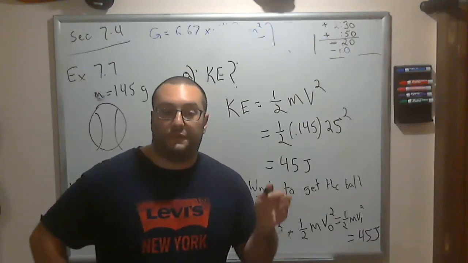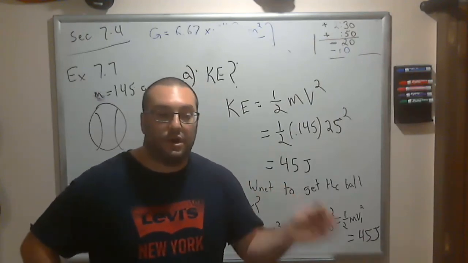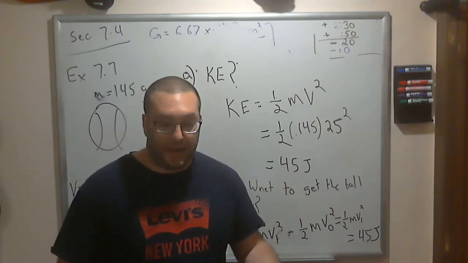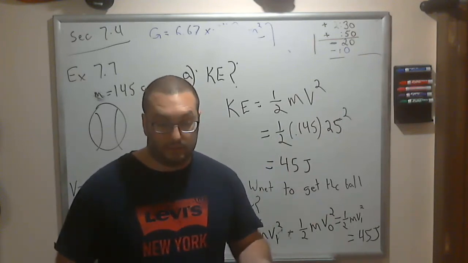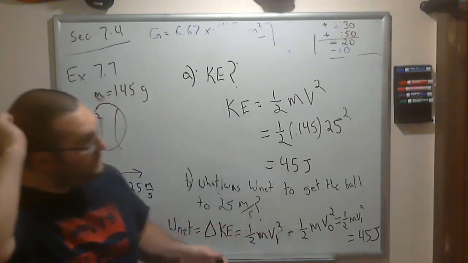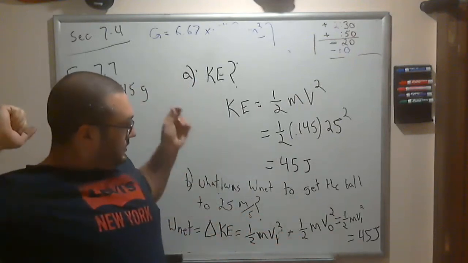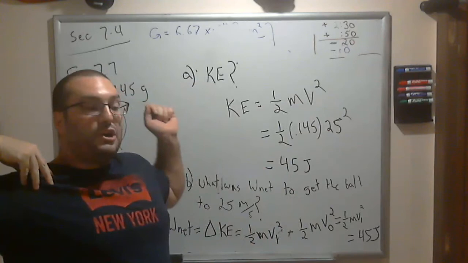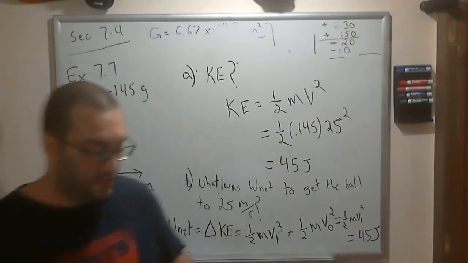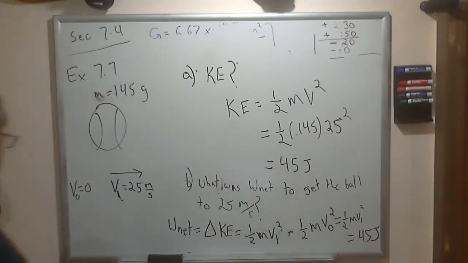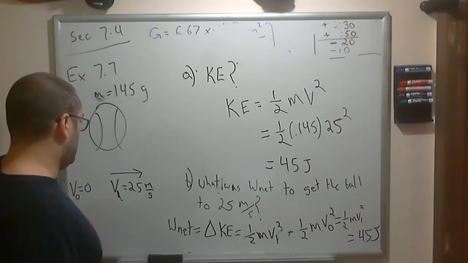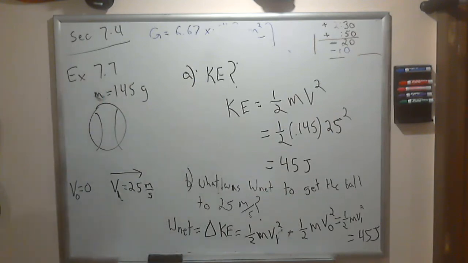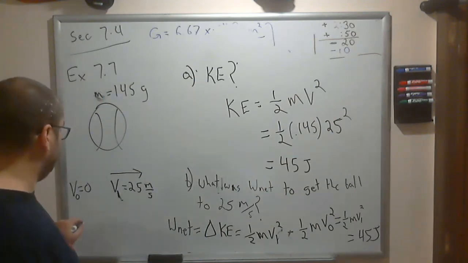If you compare a car going 30 miles an hour to a car going 10 miles an hour, that's 9 times as much, easily calculated.